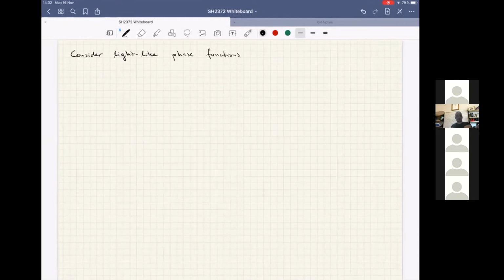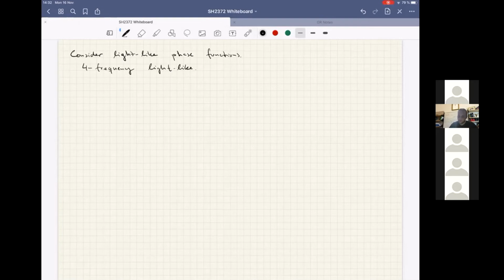So what this means is that I want to have phase functions whose four frequency is light-like. For example, a light wave.